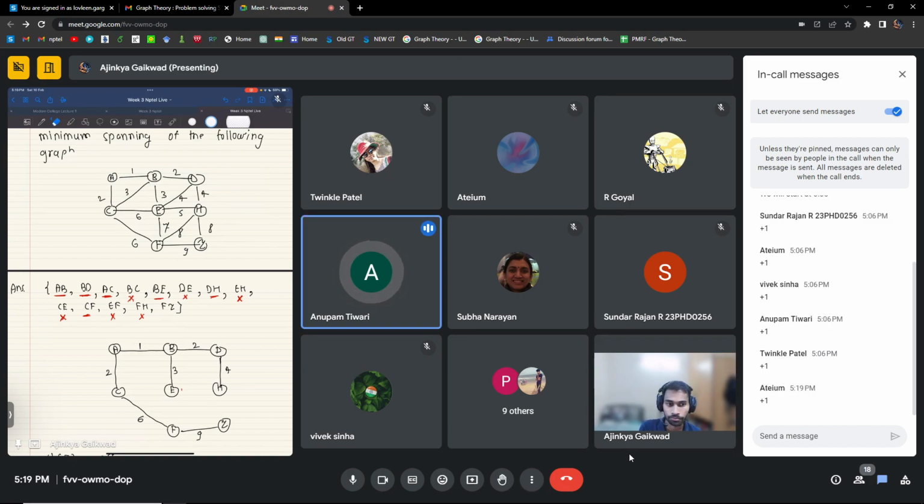Someone said it is for non-decreasing order. What does it mean? Sorry, someone said it is for non-negative also. Sorry, negative weights also. Yeah, so you can also put negative weights. I mean there is no restriction on the weights of the edges.